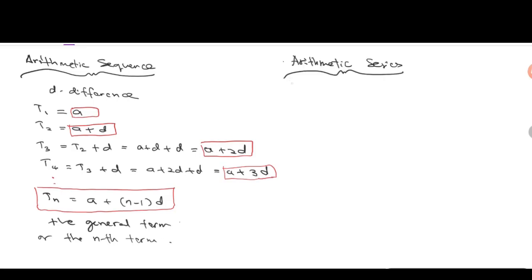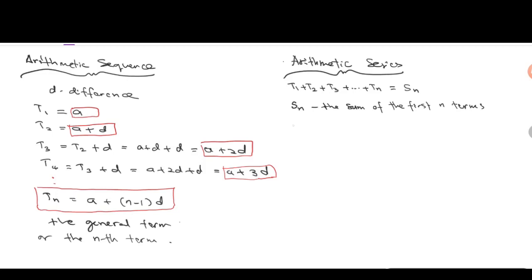An arithmetic series is the sum of an arithmetic sequence: the first term plus the second term plus the third term, up to the nth term. We can denote it as S sub n, the sum of the first n terms.